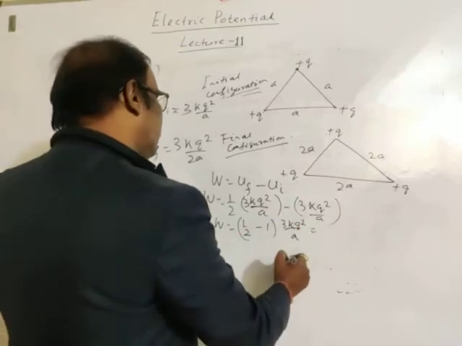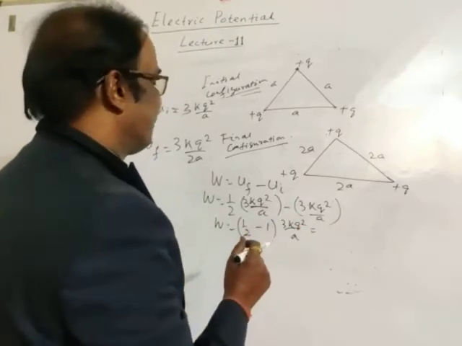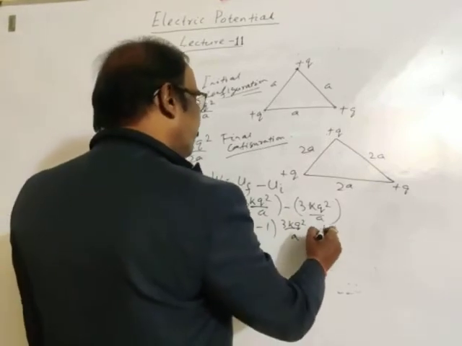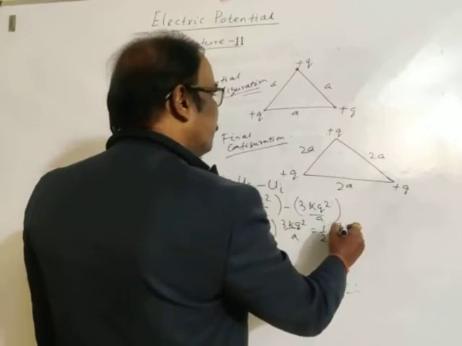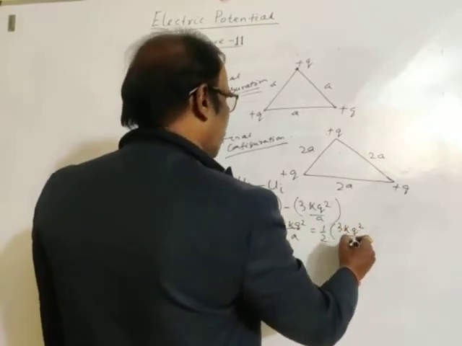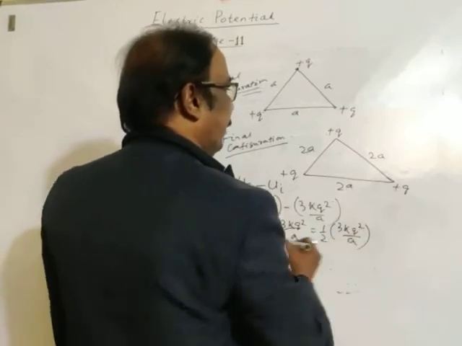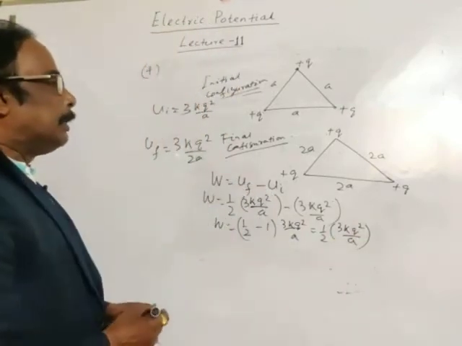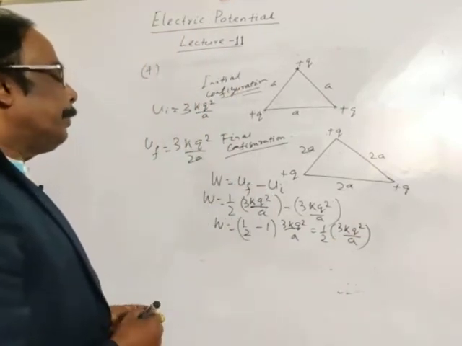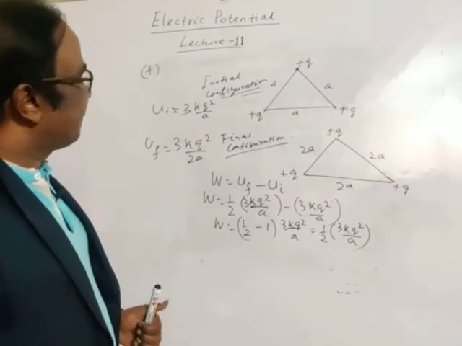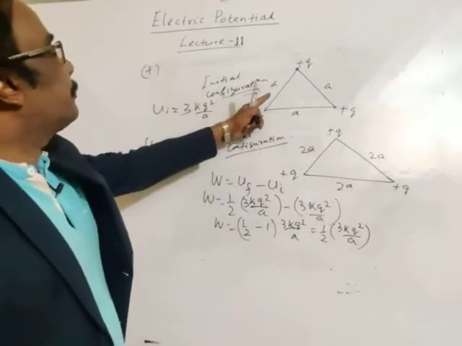Then work is equal to 1 by 2 into 3 kq square by A. Okay. This is the answer. 1 by 2 into 3 kq square by A.